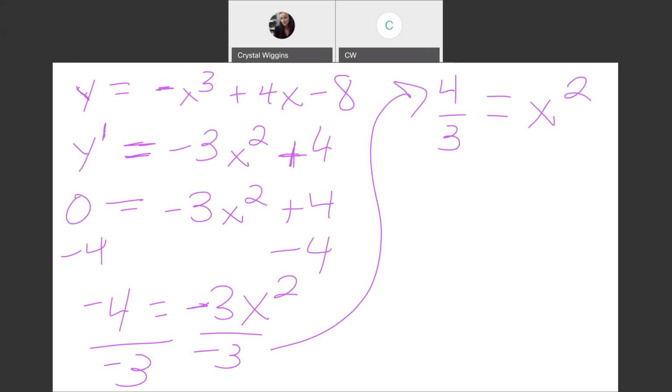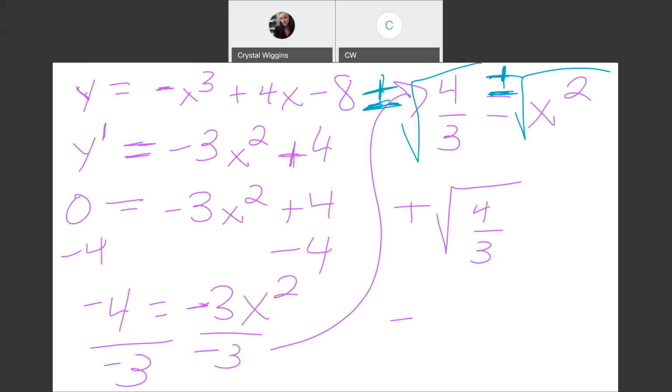We know in order to get rid of a square, we need to take the square root and consider the plus or minus answers. So we have plus or minus the square root of 4/3. We have a critical value of positive square root of 4/3, and we have the negative square root of 4/3.